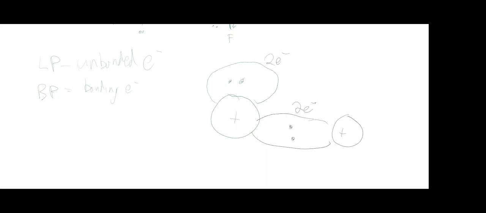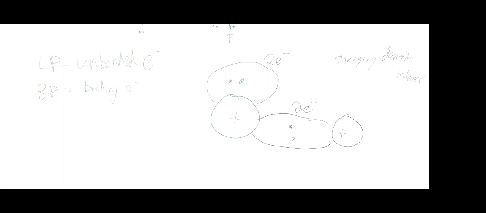But a bonding pair is spread out over a longer distance because it's spread out between the nucleus of the central atom and the nucleus of the bonded atom. So it's got more space. So if you have the same charge but more space, your charge density is lower.